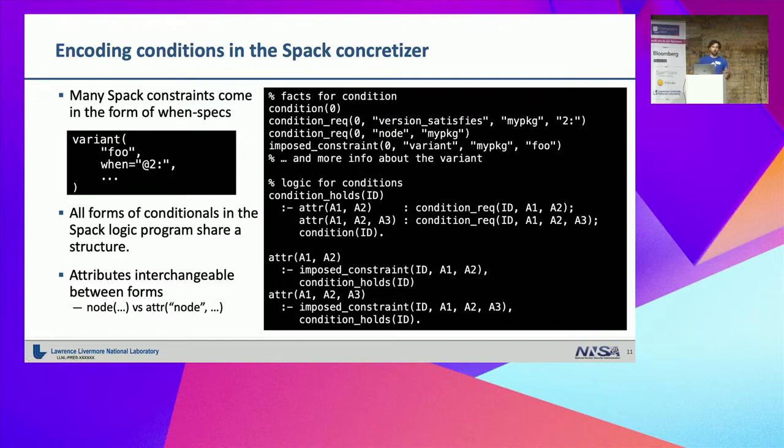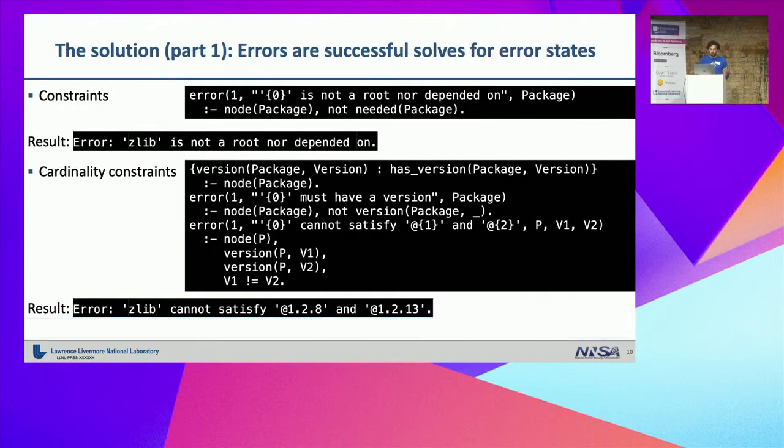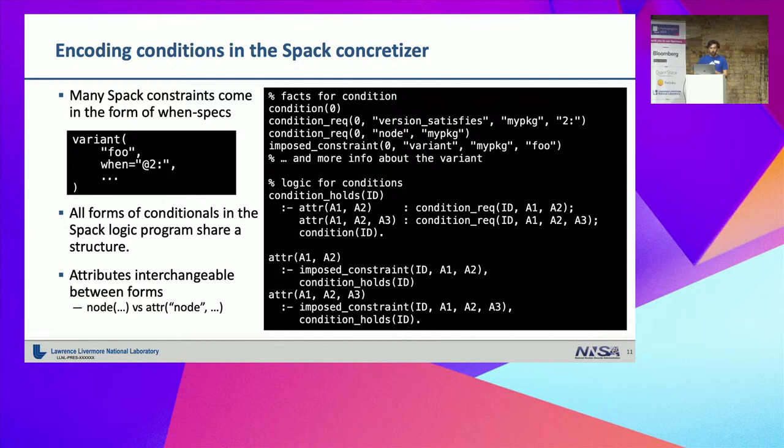So instead of version, package, version, here we're talking about attr, and then the first argument is version, and then the package and the version. And so we can translate between the two forms.